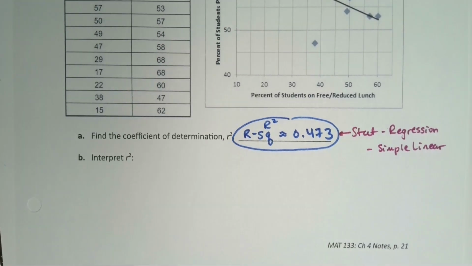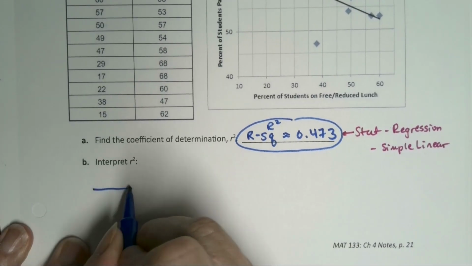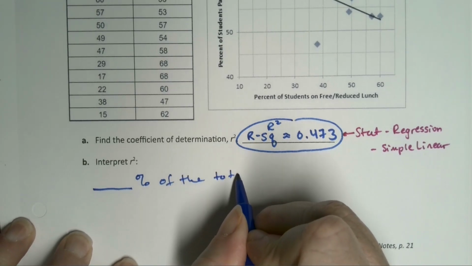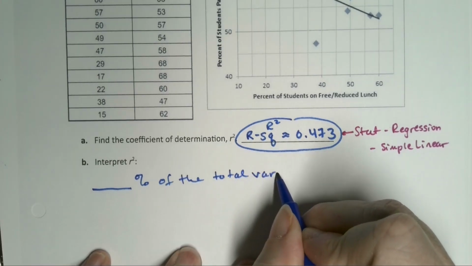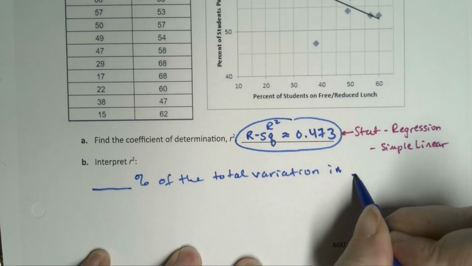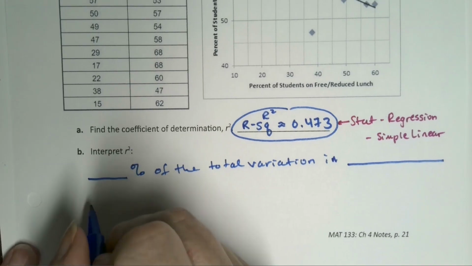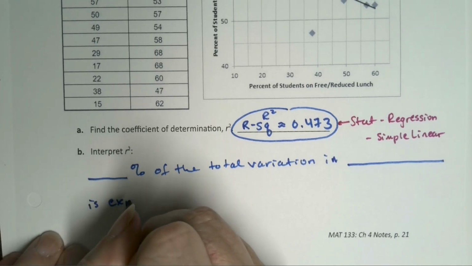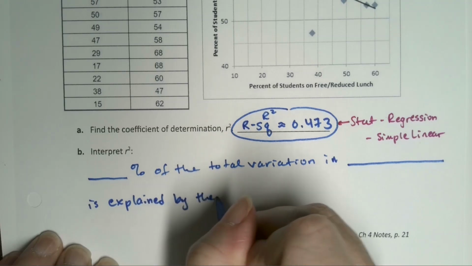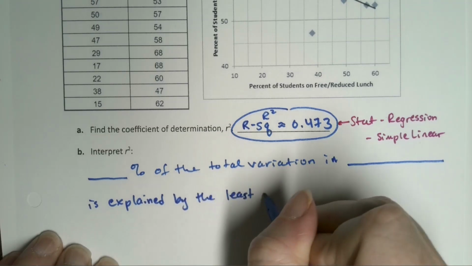Okay, so some percent of the total variation in, and then we write what the y variable is, is explained by the least squares regression model.